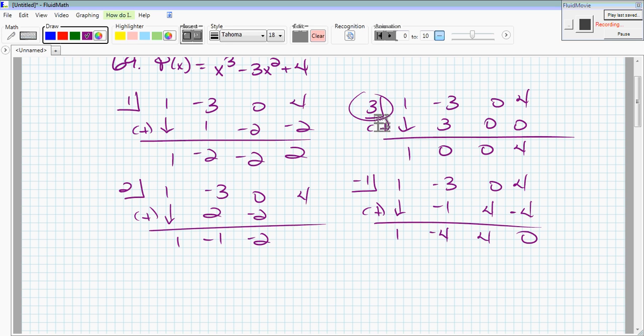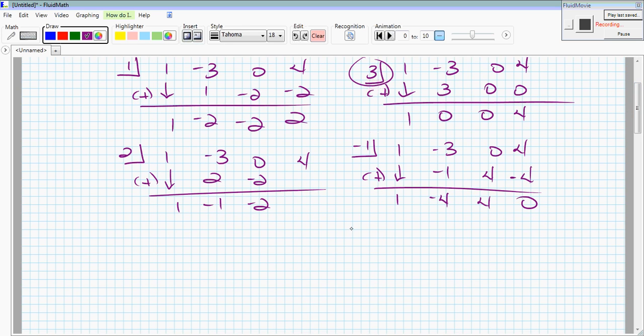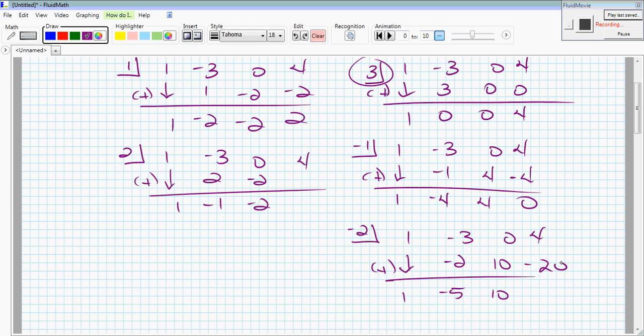Alternating maybe with the 0 of -1, we do want to check to make sure this is in fact a lower bound. So we'll keep moving here. -2, we have -5, this is going to be +10, -20, -16. Here they are in fact alternating, so this is a lower bound. So a lower bound of -2, an upper bound of 3.